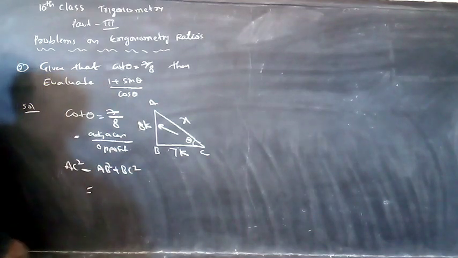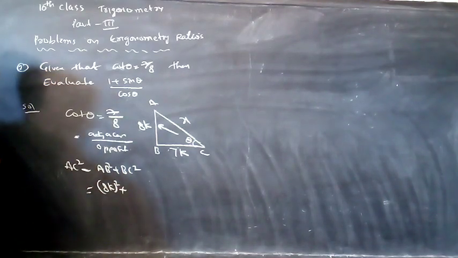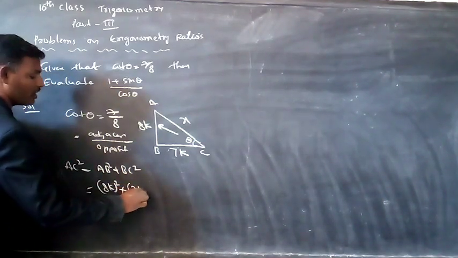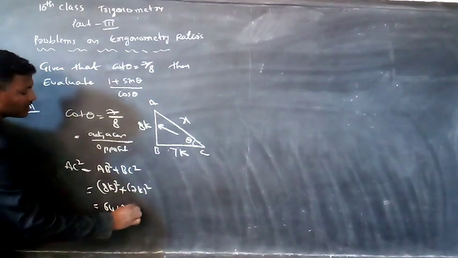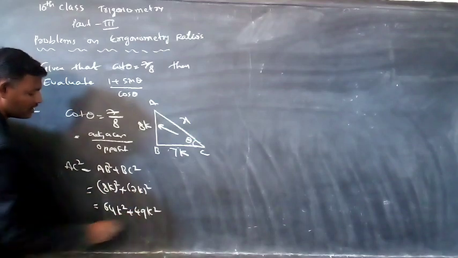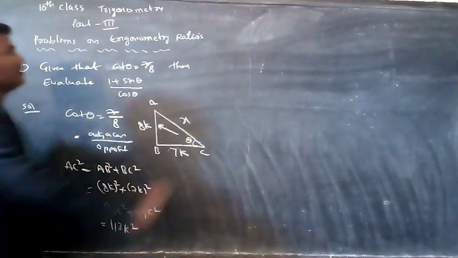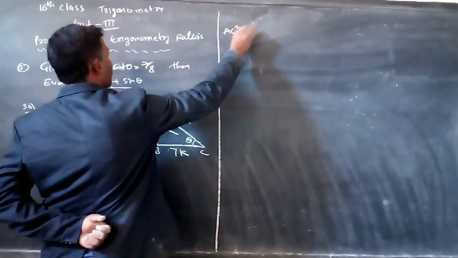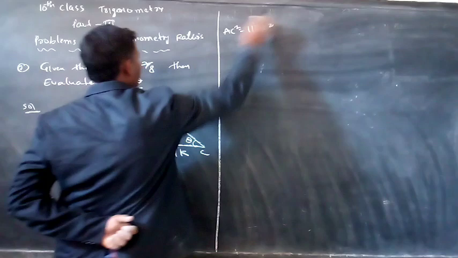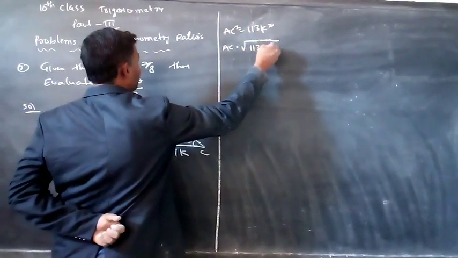What is the length of AB? 8k whole square, plus what is the length of BC? 7k whole square. 8 square means 64k square plus 49k square. By adding this we get 113k square. Here AC square is equal to 113k square. AC is equal to under root of 113 k.